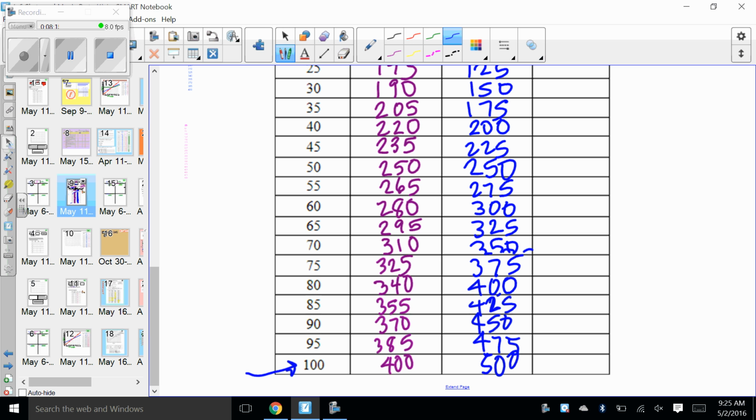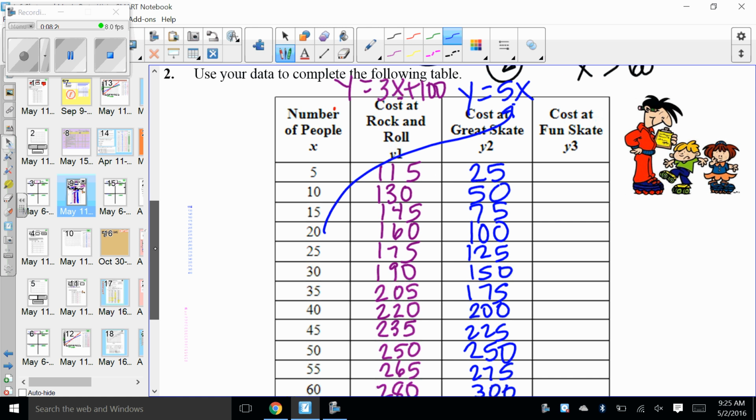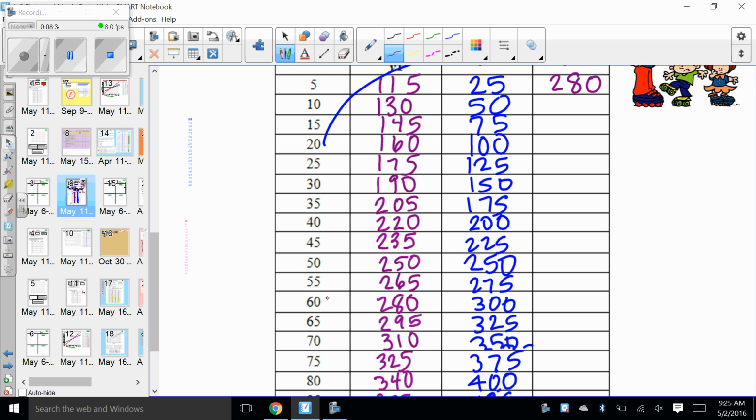So we want to know how much it costs at each place, and when would it make most sense to go to each of the places, depending on the number of people we bring. Then there's a place called Fun Skate. And Fun Skate costs exactly $280 up to 60 people. So we have our 60 people here. It's going to cost us $280 all the way to here. And then things start to change after that.